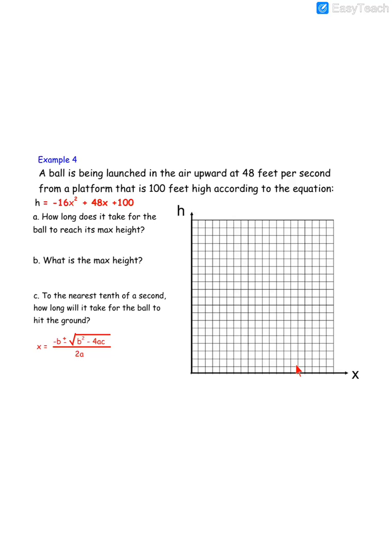Negative 16x squared plus 48x plus 100. And I'm going to generate a table, and I'm going to look to figure out where I need to go.